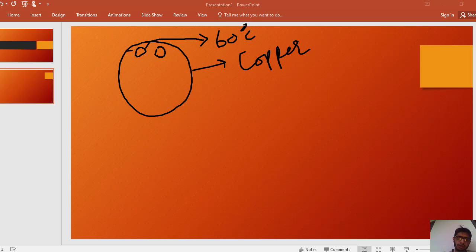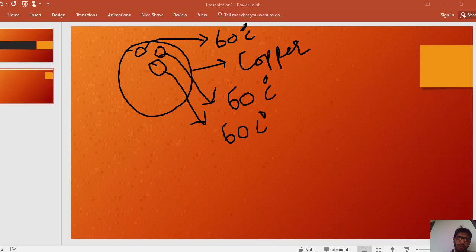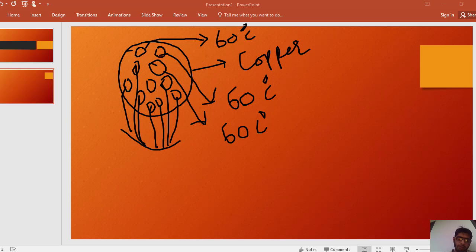Now, suppose someone studies the temperature at another point of the copper sphere and it also comes out to 60 degrees C. Similarly, at this point and this point. Suppose the temperature at all points in the sphere, when measured, was 60 degrees centigrade.